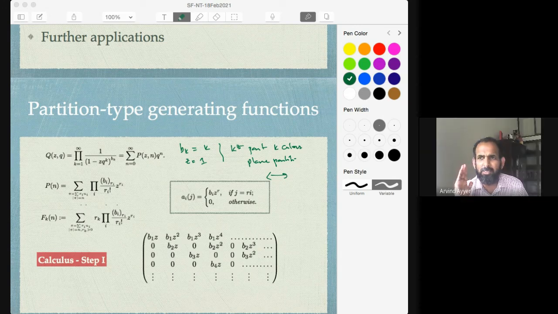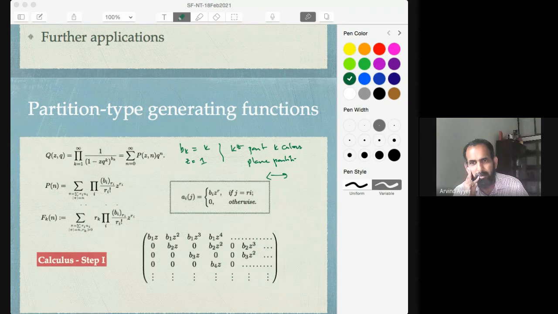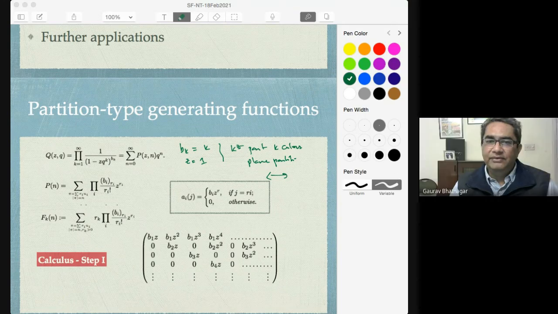No, but Macdonald is higher up. Even if you can get Schur functions, at least you can write them down. The original Cauchy identity is for Schur functions, so even if you can get that. Yeah, so we haven't reached there yet.